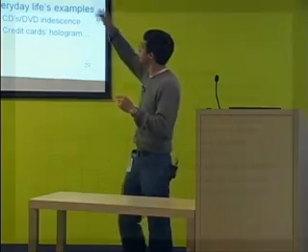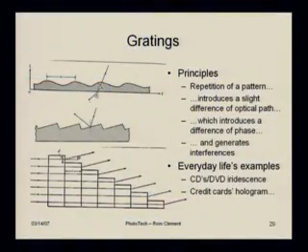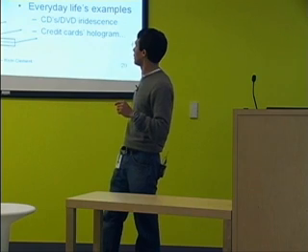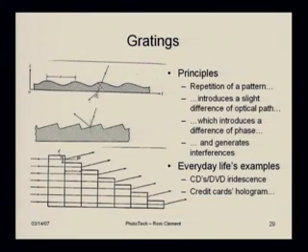So in the first case, at the top left, it's a sine wave grating. They're used in holography. We can also find a kind of saw-tooth shape for certain gratings, or even this kind of step gratings at the bottom.